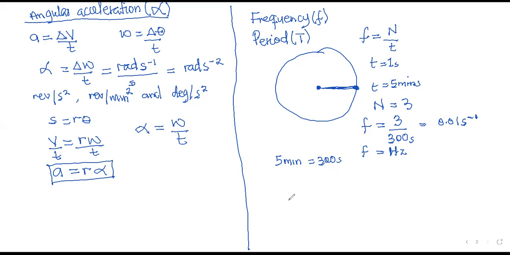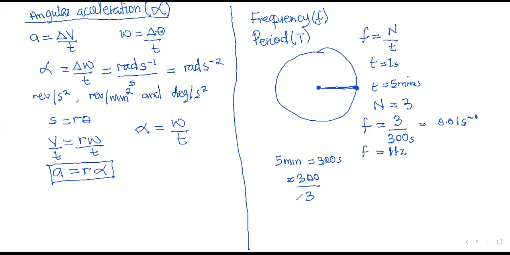The time for any one complete revolution, how do I calculate that? Yes, Erefa. Please, you divide the total time taken by the number of revolutions. Okay, so 300, the total time, divided by 3.